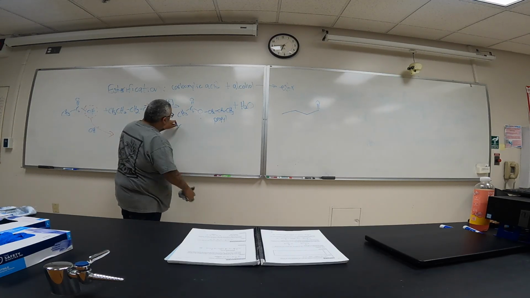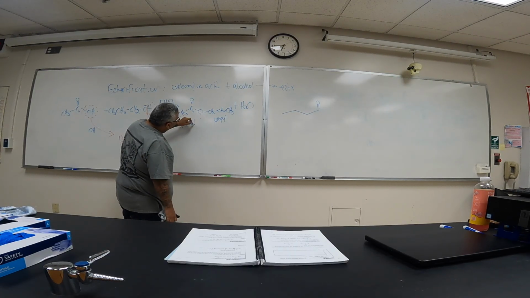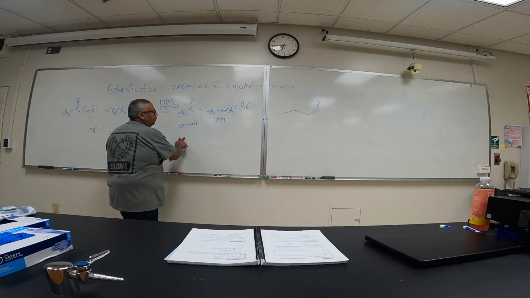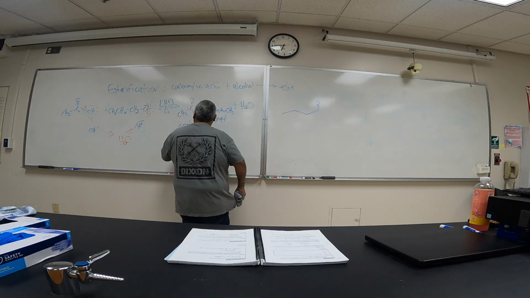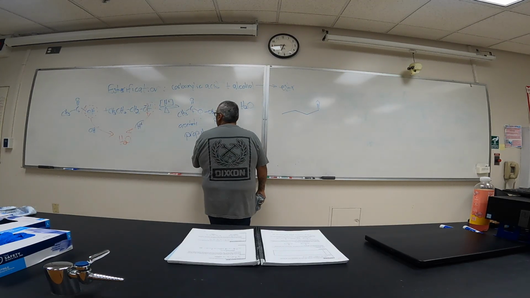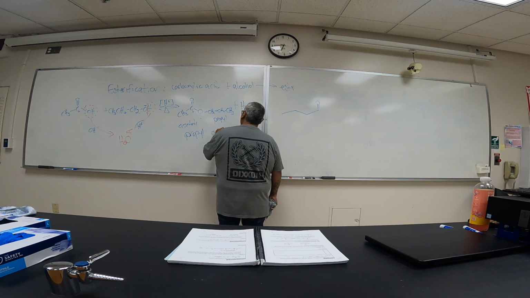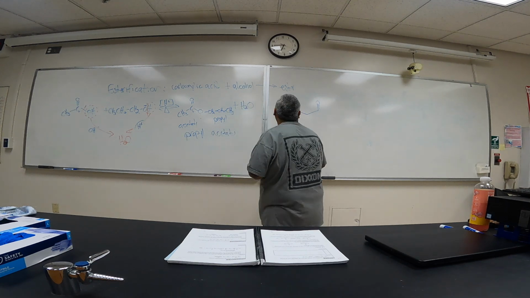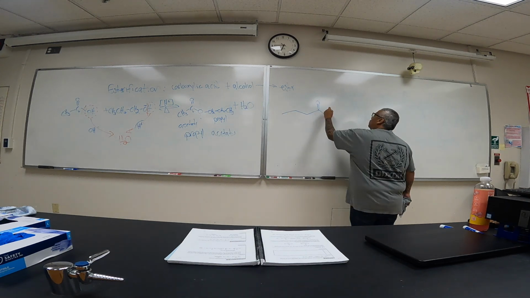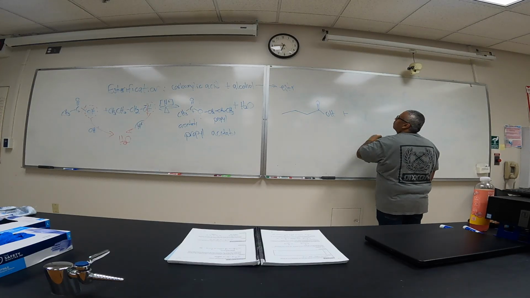Acetate. So this is acetate. We name the branch, then we name the carboxylate, and this becomes propyl acetate. Here's our carboxylic acid.